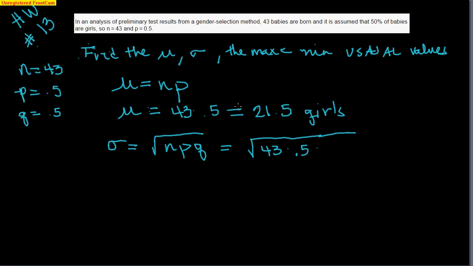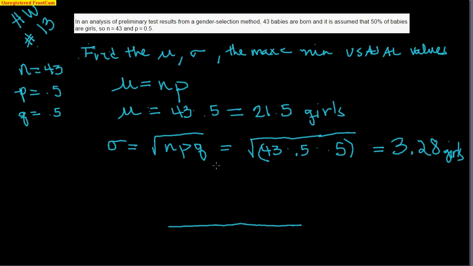That's the 21.5 times another 0.5. Make sure that you do the multiplication first, and then at the end you take the square root of all of that. And you will find the value is 3.28 girls.